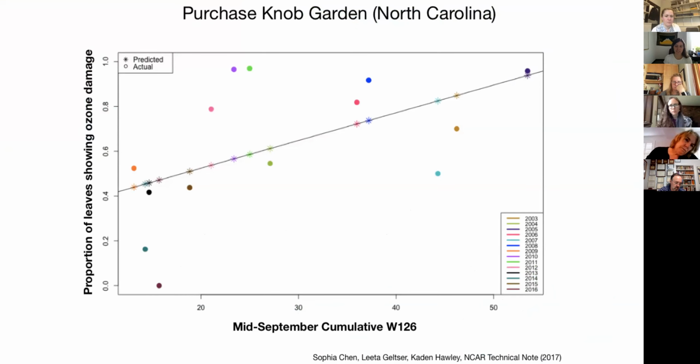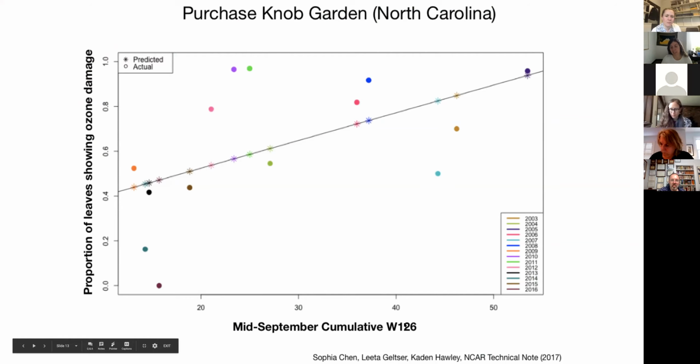And so this is another figure that they put together for me. This basically shows the proportion of leaves that had at least some ozone damage by September. That's the y-axis, so how many leaves have damage out of all that we measured, and then connecting that with this cumulative metric called W126 in mid-September.